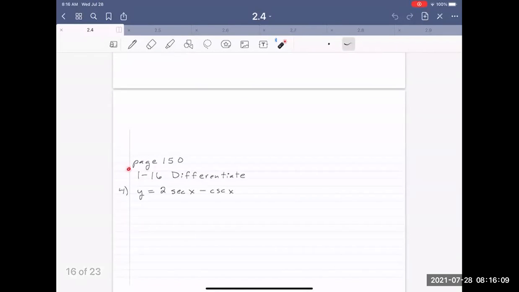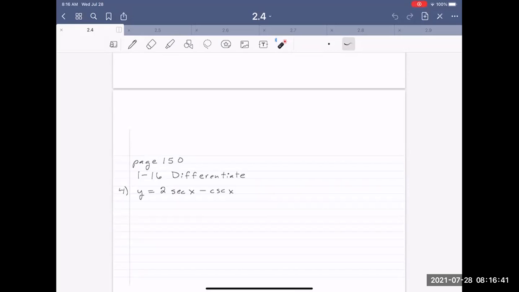So let's do some examples. On page 150, problems 1 through 16, let me do problem number 4. y equals 2 secant x minus cosecant x.